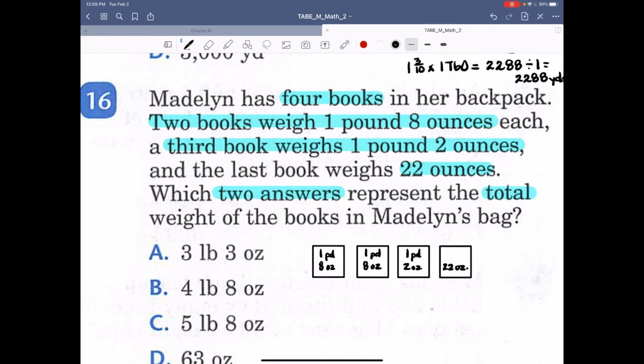So just looking at that, and we want a total that's building up. So we're going to add all of those. I can see that we have 3 pounds. And then 8 and 8 plus 2 plus 22 is 40 ounces.